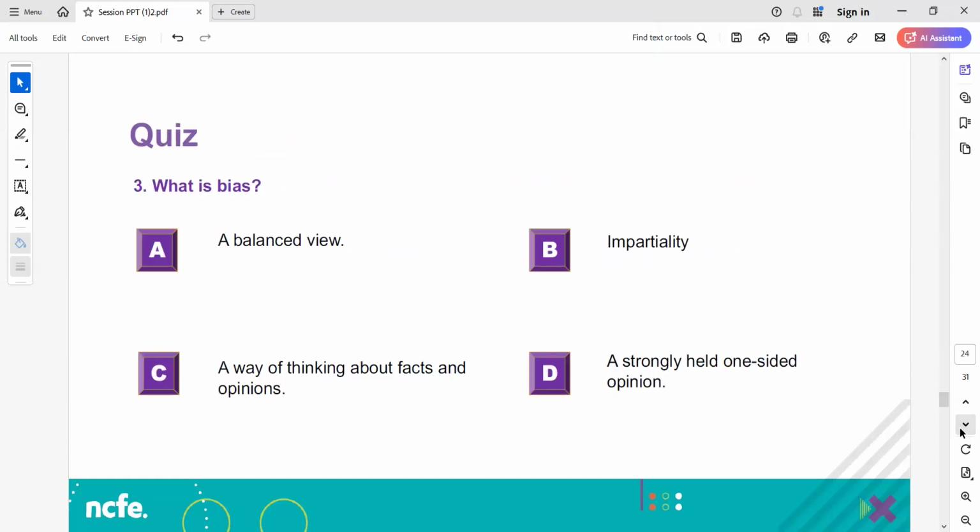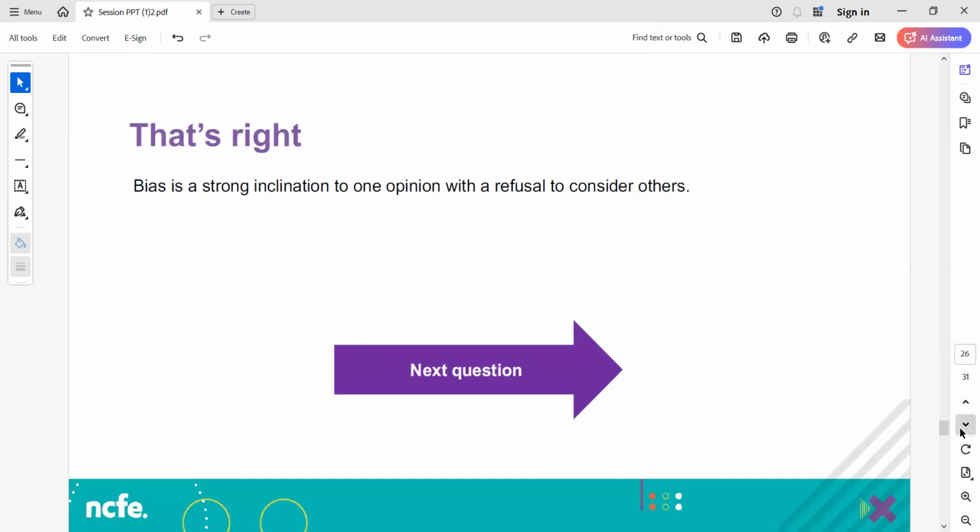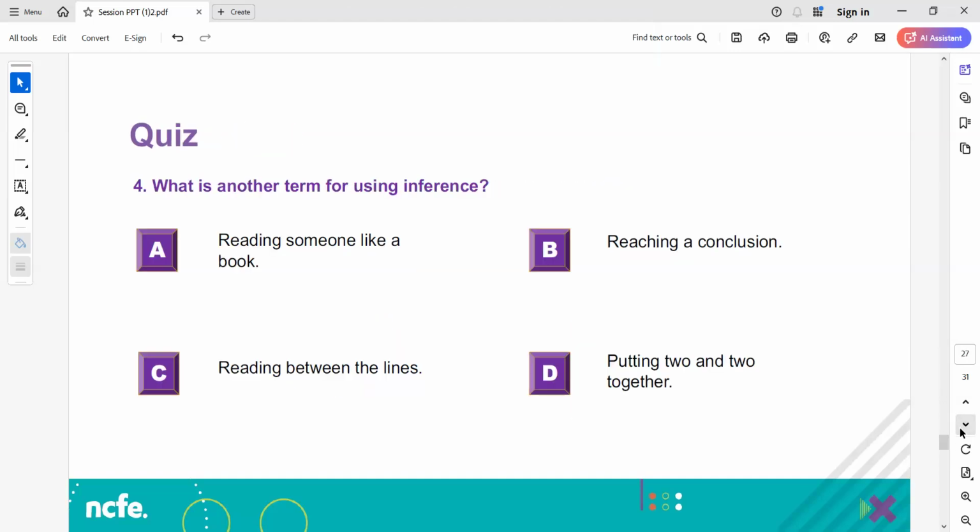What is bias? A balanced view, impartiality, a way of thinking about facts and opinions, a strongly held one-sided opinion. D. Well done. What is another term for using inference? Reading someone like a book, reaching a conclusion, reading between the lines, putting two and two together. Reading between the lines. Well done.